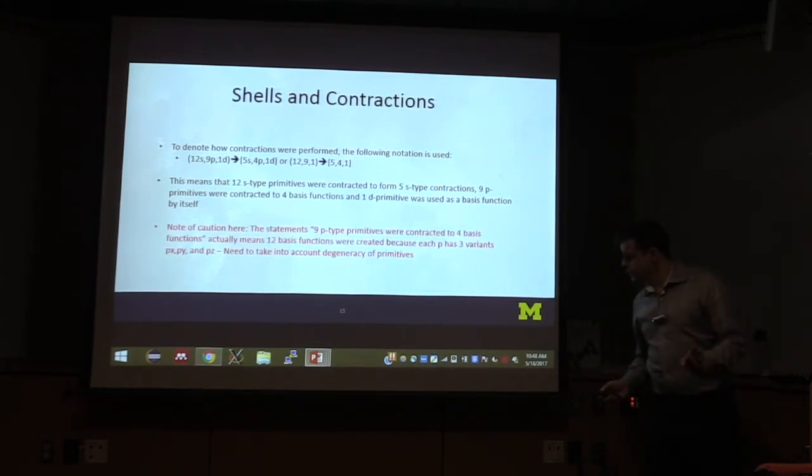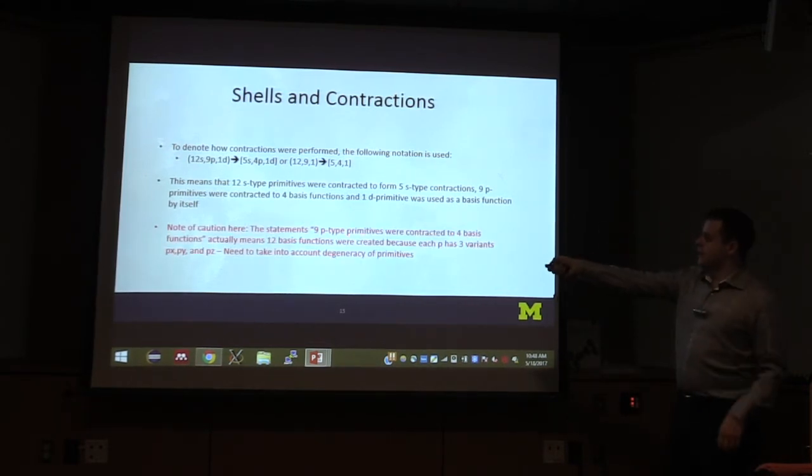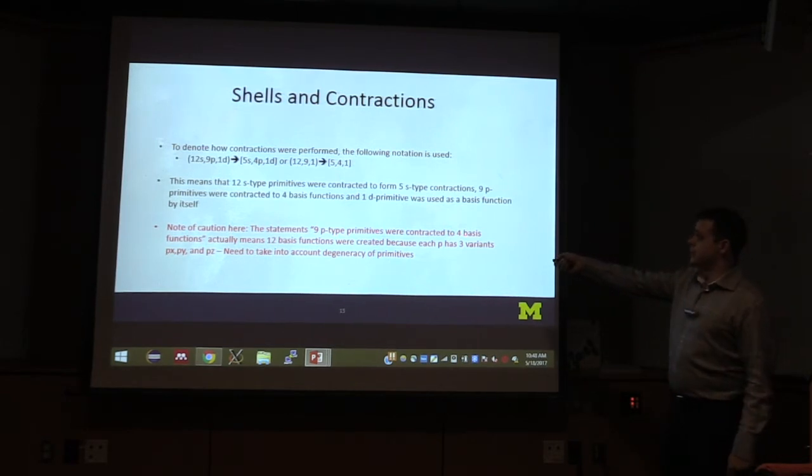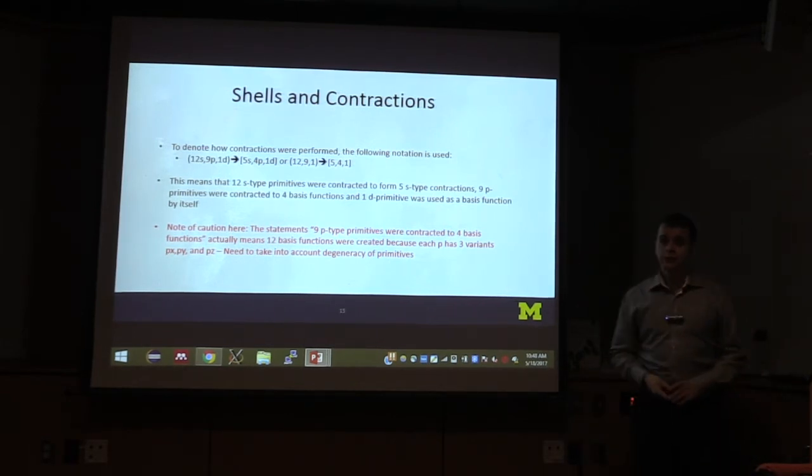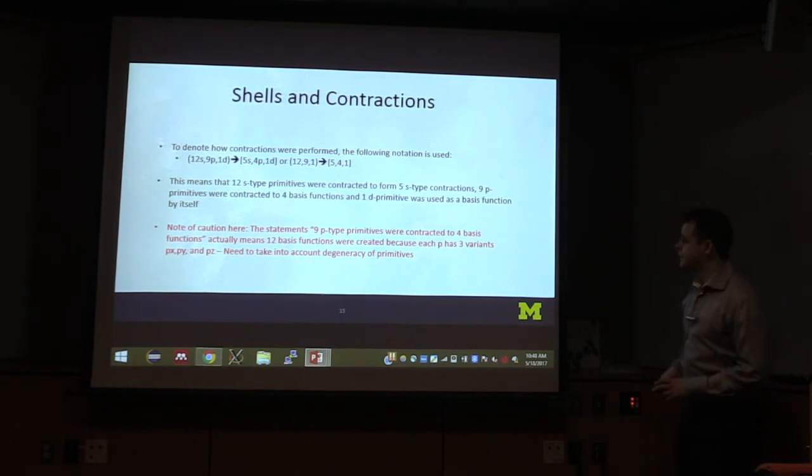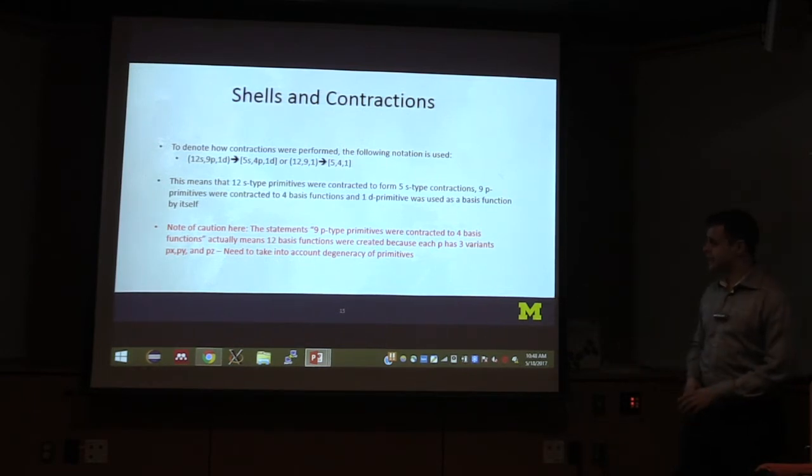So this might be a little confusing, but the statement that 9 p-type primitives were contracted to 4 basis functions actually means that we formed 12 basis functions, because each p-type primitive has 3 variants: x, y, and z. So we need to take into account degeneracy when counting these.